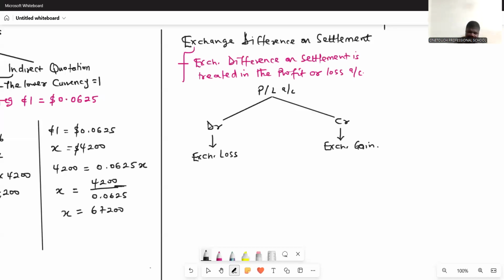Let me use Onetouch as an example. I have a student in Liberia. He paid the fees and the intervention with all the charges.